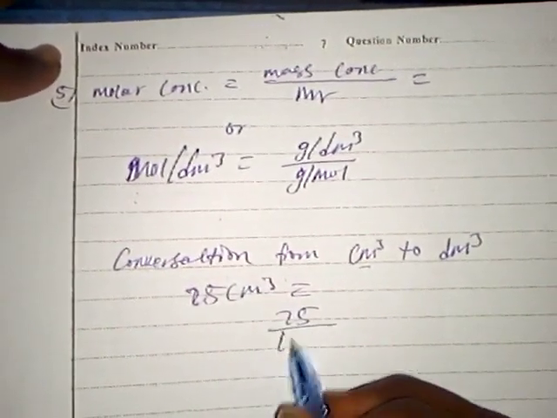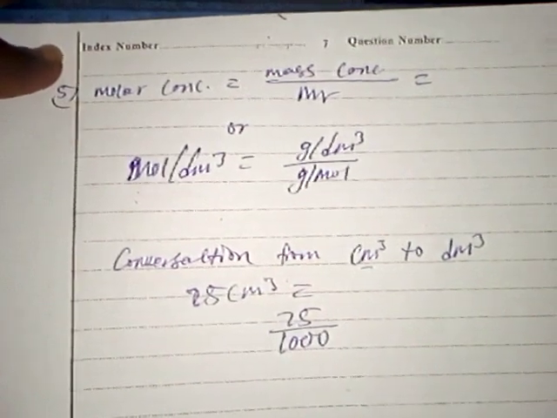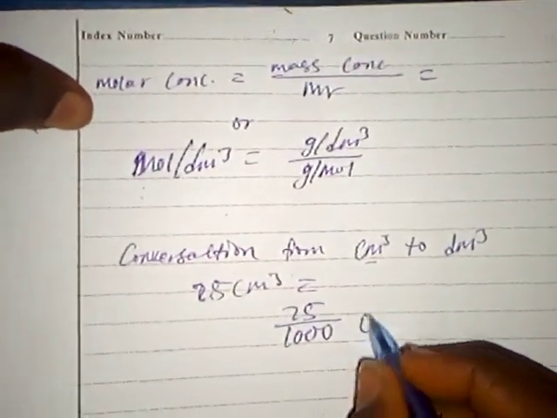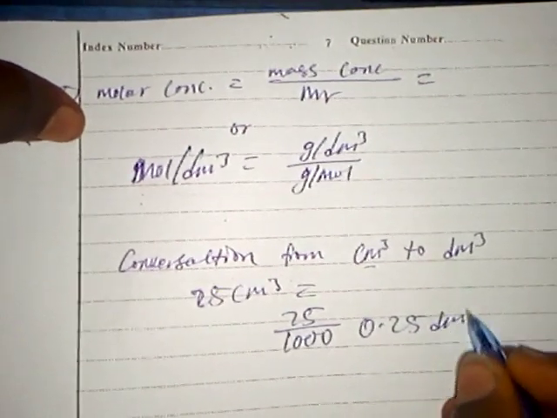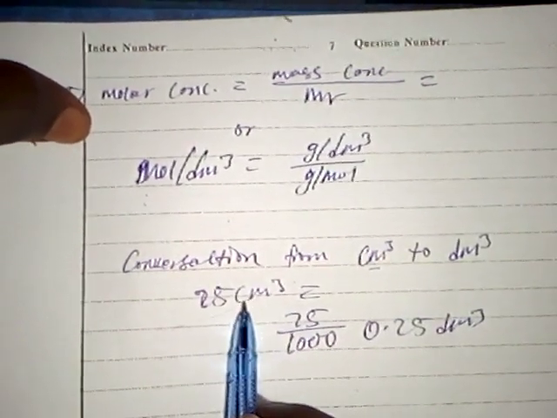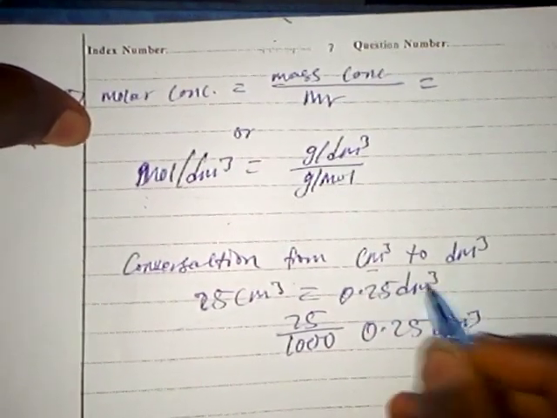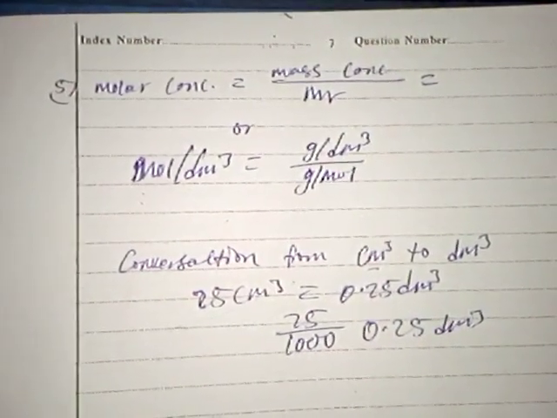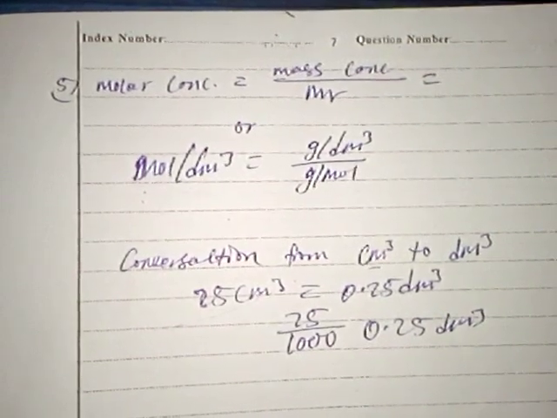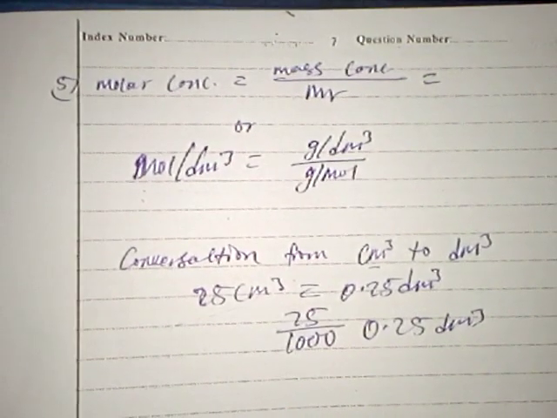Just say 25 divided by 1000. You see? Which gives us what? 0.25 dm cube. So this 25 centimeters cube is just equal to 0.25 dm cube. So any volume you want to convert from centimeters cube to dm cube, just divide by 1000. I hope it's clear. That's it.